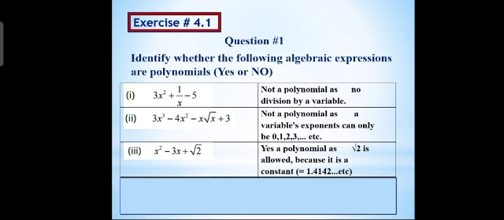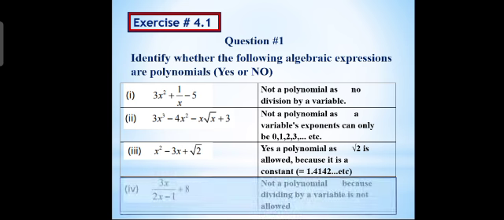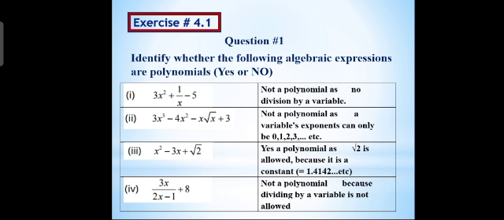It has the value 1.4142, etc. Fourth one, 3x over 2x minus 1 plus 8. Not a polynomial. This is a rational expression, 3x over 2x minus 1, but not a polynomial because dividing by a variable is not allowed.